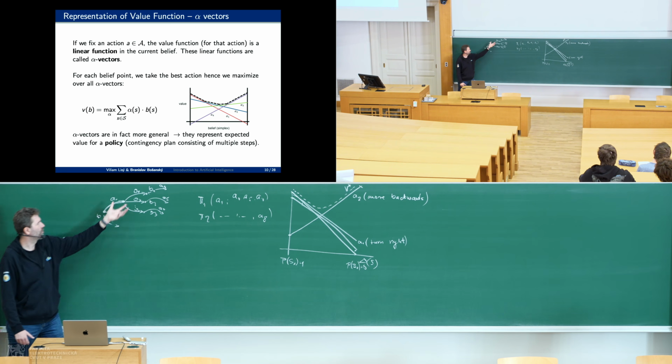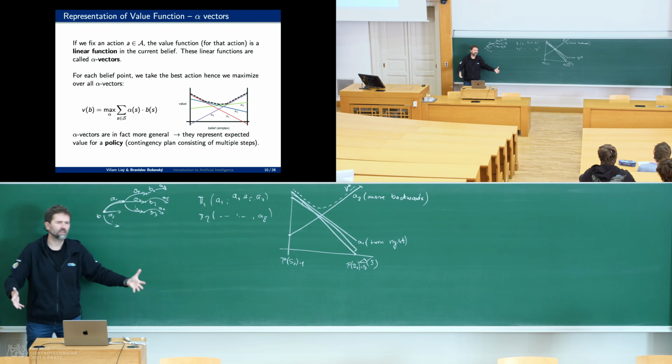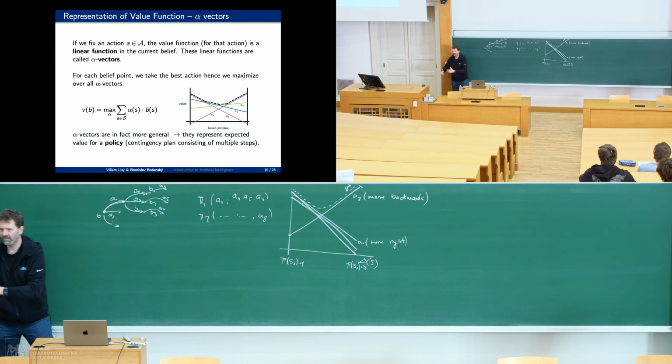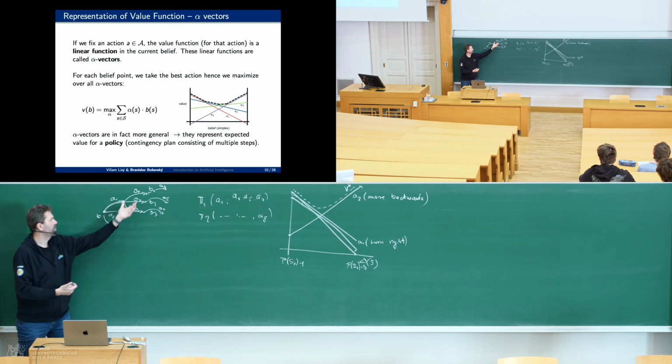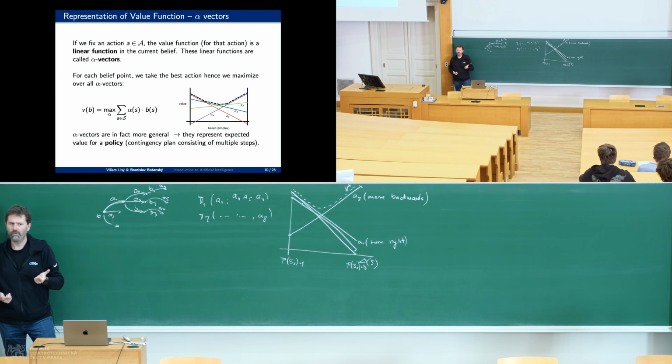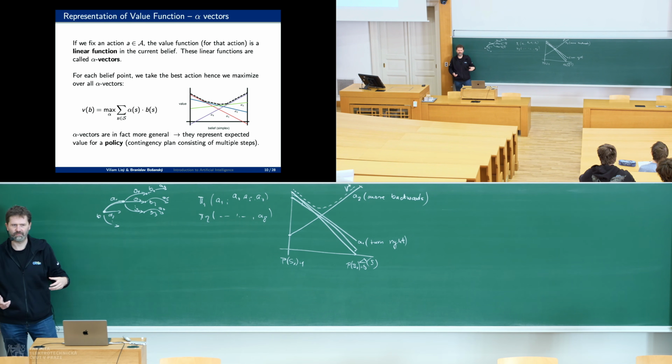The agent knows that, okay, I can receive some of these observations, and these are the probabilities with which I will receive them. But in advance, I don't know whether I'm going to receive O1 or O2. I know that I will receive some of them.